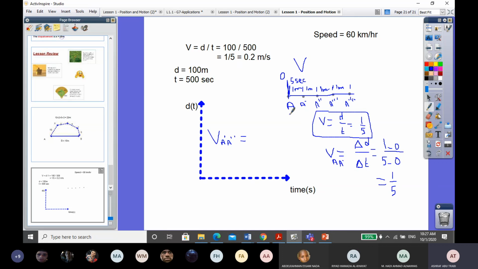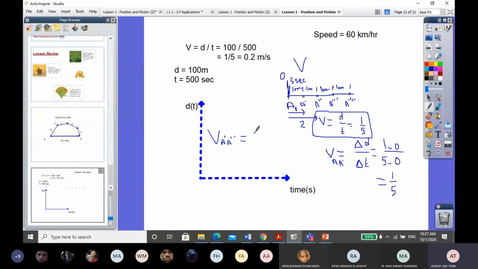Starting from 0, guys, from 0 to A double prime, how many? 2. Distance is 2. Excellent. And from 0 to A prime, the distance is what? 1 meter. Excellent. So this is 1 meter.